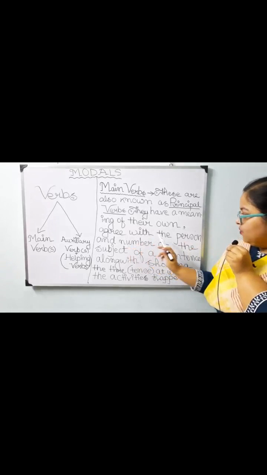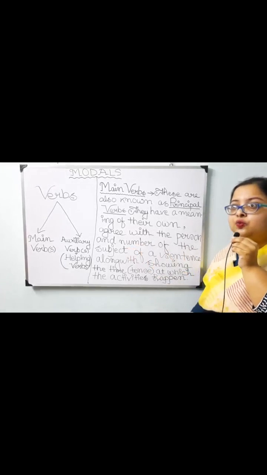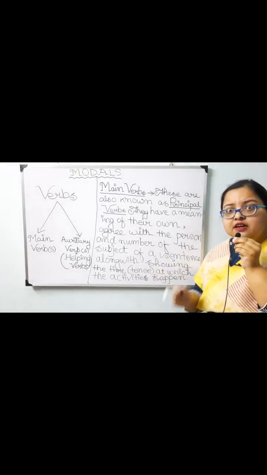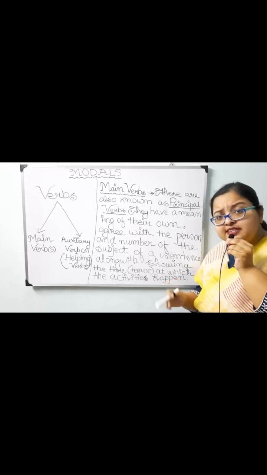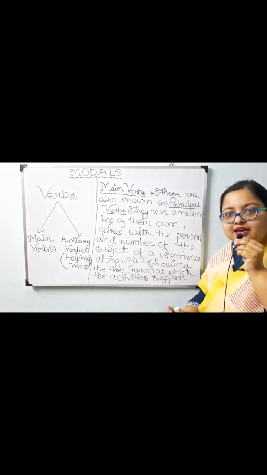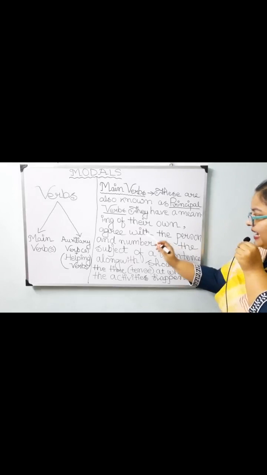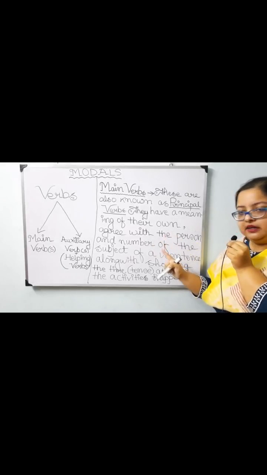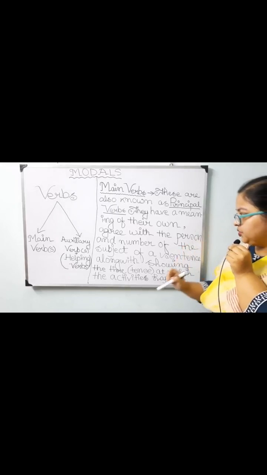Now agree with the person. Person: I, we, you, she. First person means I or we, second person you, third person she, he, Sarita, or any other name, suppose. So agree with the person means it goes according to the person of the subject.